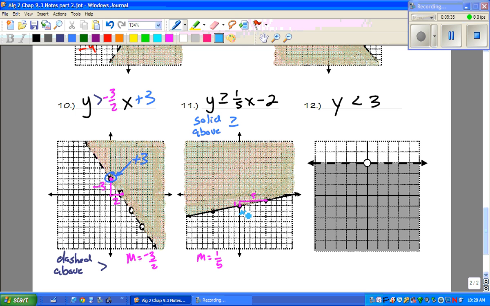And then your y-intercept right there is at -2. Now number 12, it's a horizontal line, so that means it's only going to have one variable. It's dashed and they shaded below. So that's why it's the less than symbol.